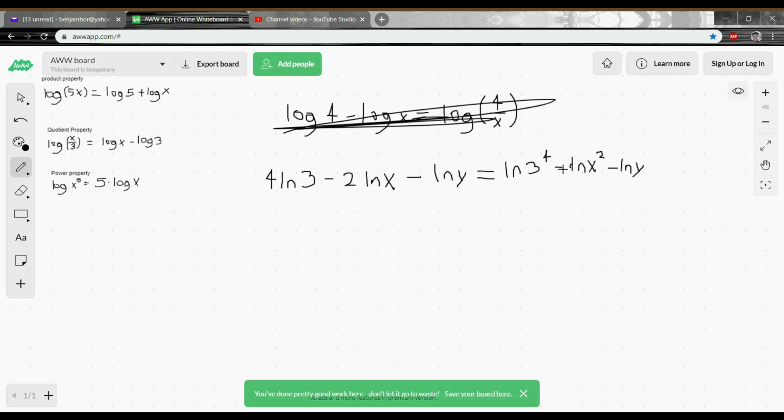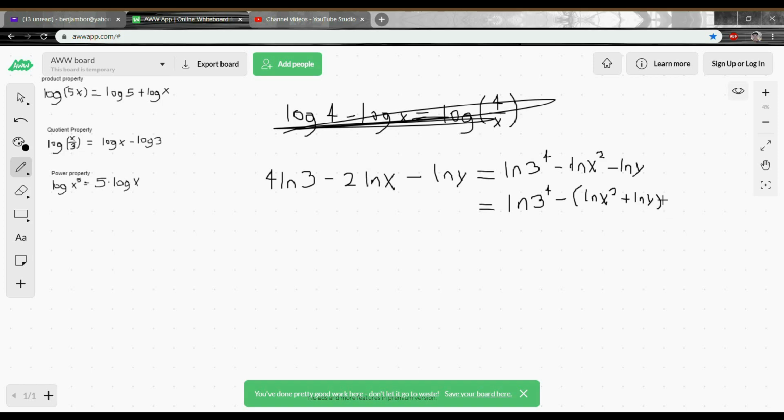So let's see what else we can do. We have 2 minus signs here, and we can pull out a negative sign and rewrite this expression as the natural log of 3 to the 4th minus the quantity of the natural log of x plus the natural log of y.